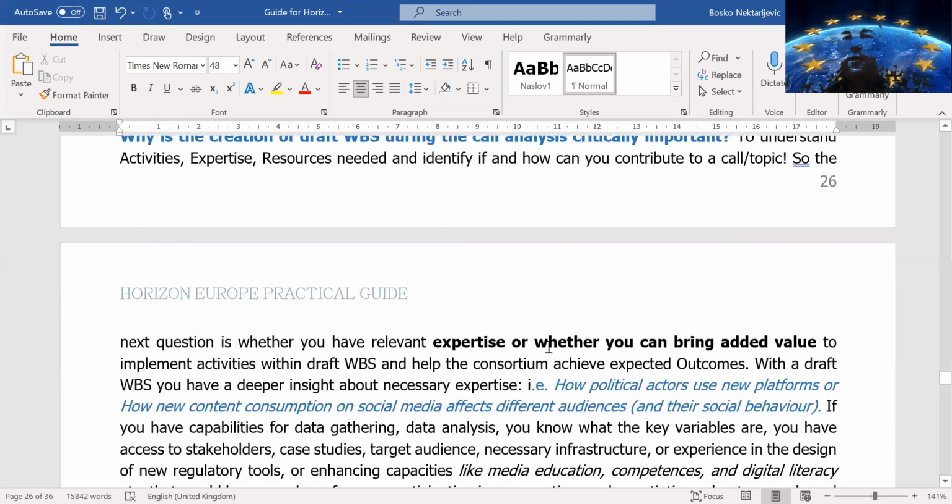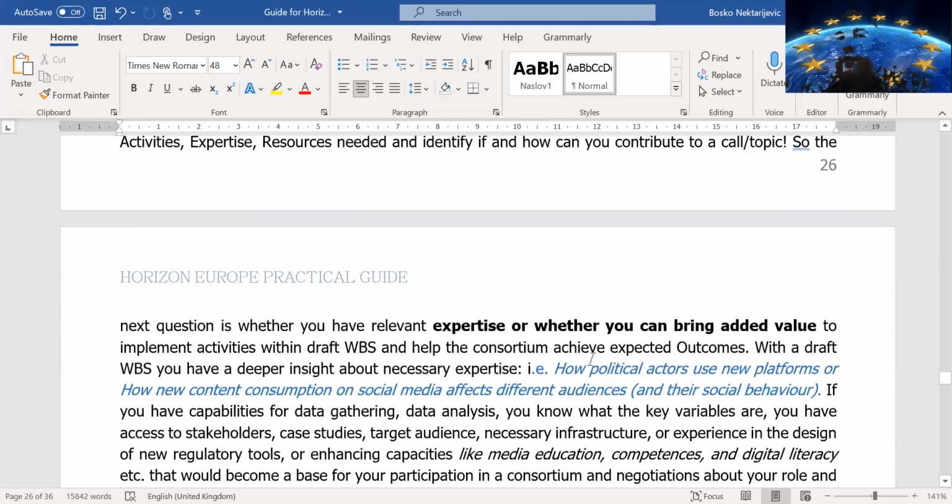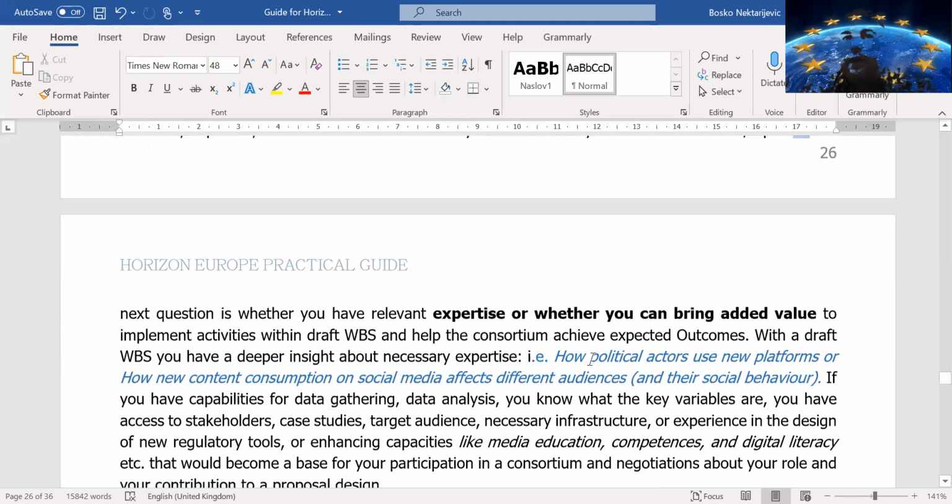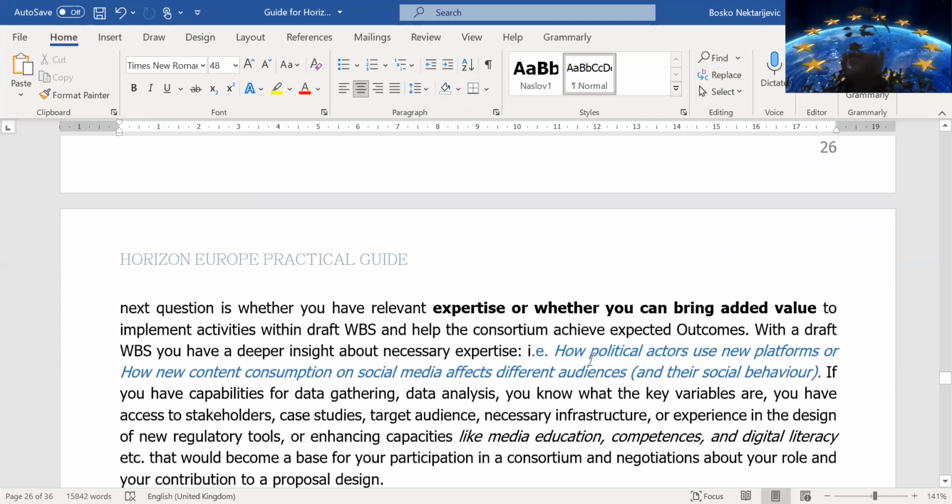So, of course, the next question is whether you have relevant expertise and whether you can bring some kind of added value to implement those activities described in the draft work breakdown structure and help a consortium achieve the expected outcomes.